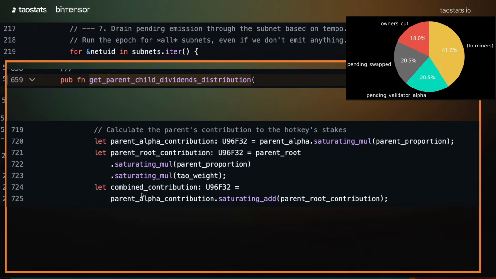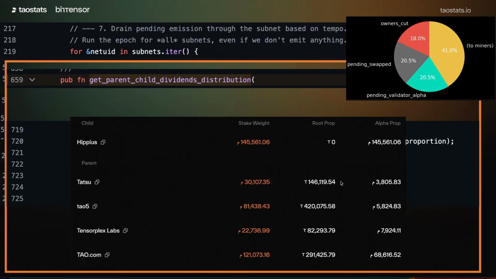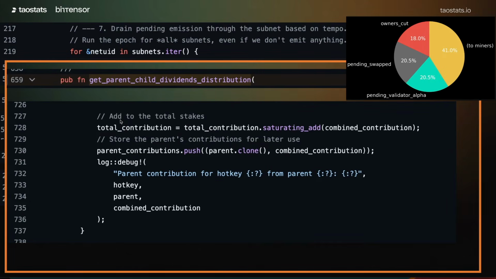The combined contribution, again, is the stake weight, alpha plus root. So now we've calculated the self-contribution for the child, and we've done the alpha proportion, the root proportion, and the stake weight for all of the parents. We add the parent's contribution to the total contribution, and then we store it in an array for later use.